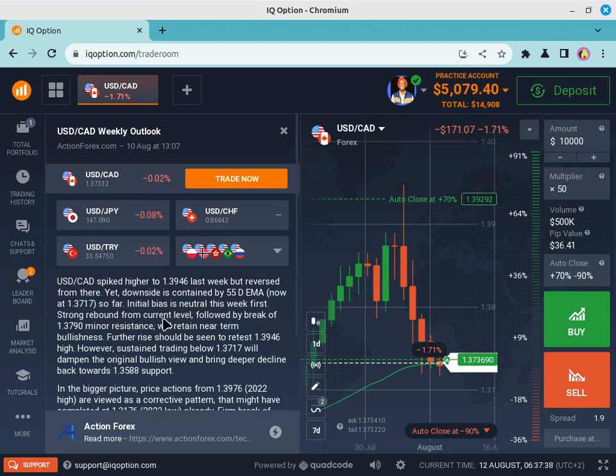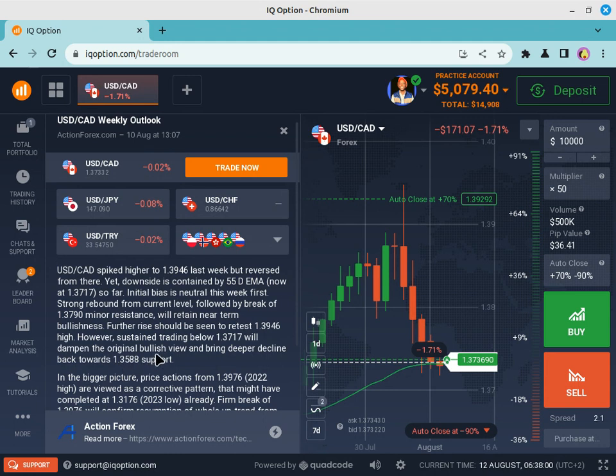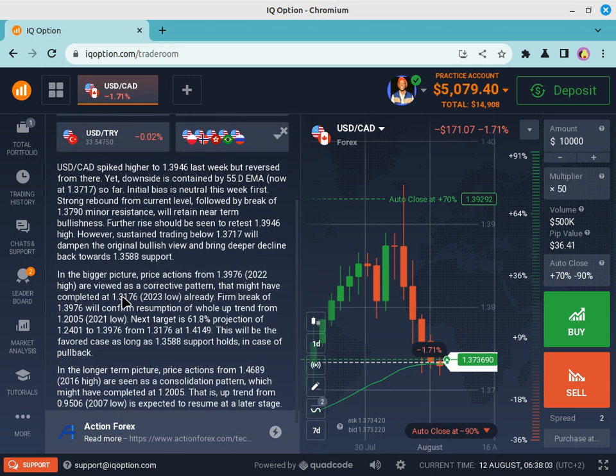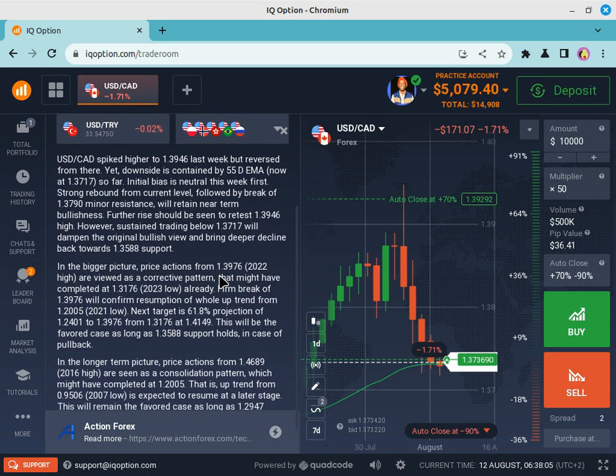First strong rebound from current level, followed by a break of 1.379 minor resistance will return near-term bullishness. Further rise should be seen to retest the 1.39 high. However, sustained trading below 1.37 will dampen the original bullish view and bring deeper decline back to 1.3588 support.